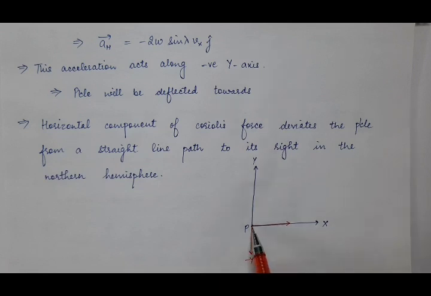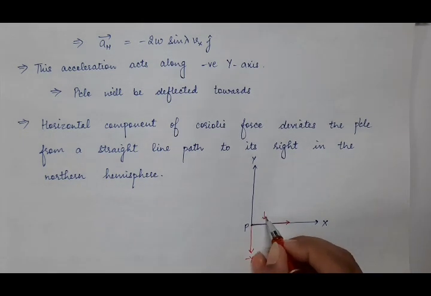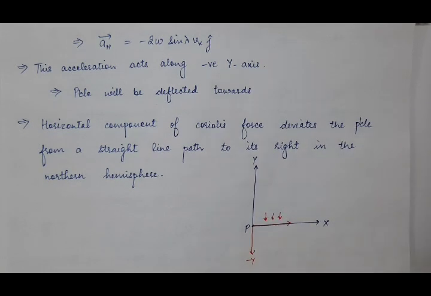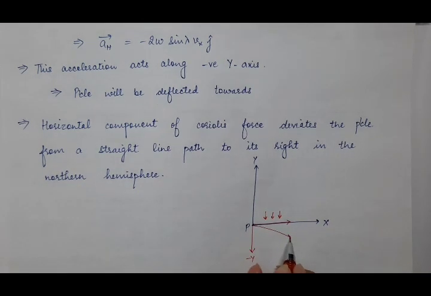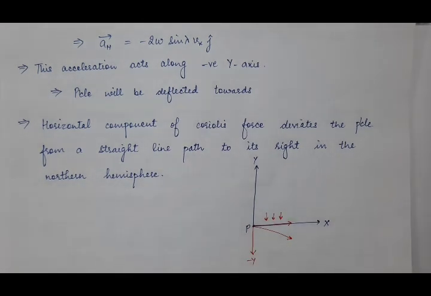So when the particle is moving along the positive x-axis, that is towards east from point P, the Coriolis force acting towards the negative y direction will deviate the particle from its path towards its right.